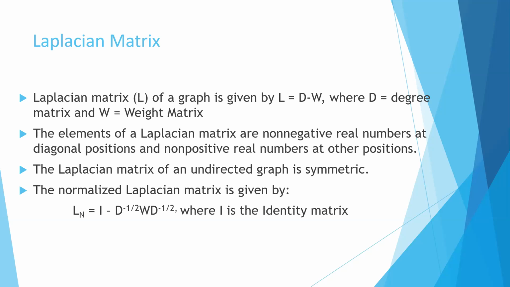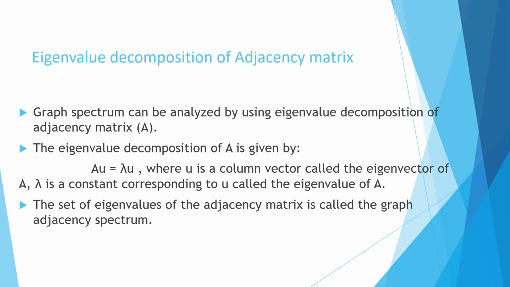We can use the normalized Laplacian matrix formula because it's more efficient than the Laplacian one. It's given by I minus D to the power minus half, W, D to the power minus half, where I is the identity matrix. Then we can use the eigenvalue decomposition of the adjacency matrix, where the graph spectrum can be analyzed by this eigenvalue decomposition.